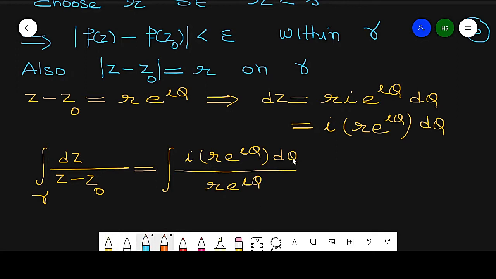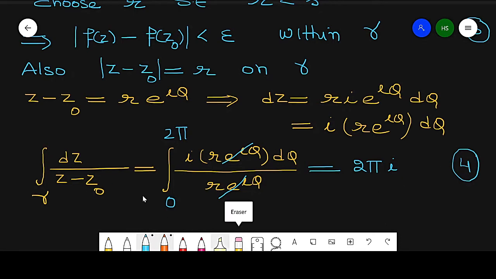And what is the limit? Theta varies from 0 to 2 pi. Now this cancels with this. So what we get is 2 pi i. So this is our result: the integral of dz over z - z0 around gamma is equal to 2 pi i. So this is equation number 4.